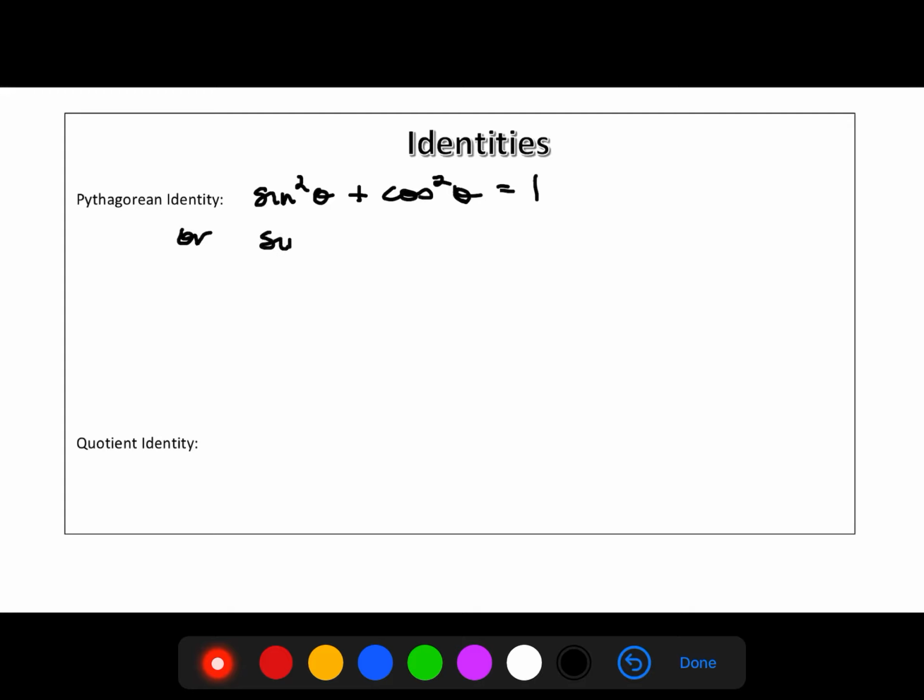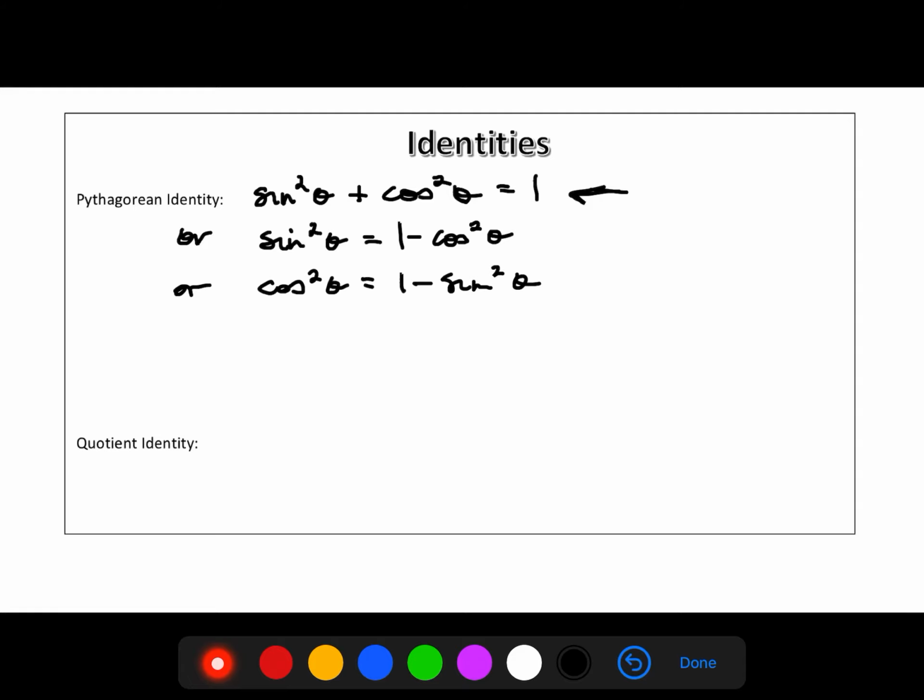The Pythagorean identity tells us that sine squared theta, and these simply come from our ratios, plus cos squared theta is equal to 1. And if we look at it the other way, we can figure out what sine squared theta is by taking our cos squared theta over to the other side. We can also isolate cos squared theta by taking our sine squared theta to the other side.